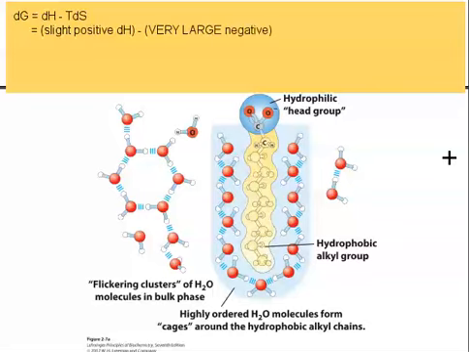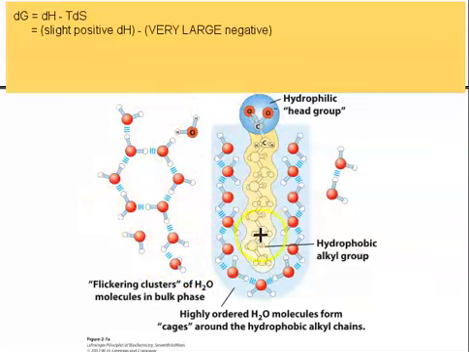So again, our entropy is a measure of disorder in the system. And in just water by itself, we have this very random arrangement of water molecules, and they're happy to be bouncing around and hydrogen bonding with all these different other water molecules. And it's a very chaotic type of arrangement here. So there's a high amount of randomness.